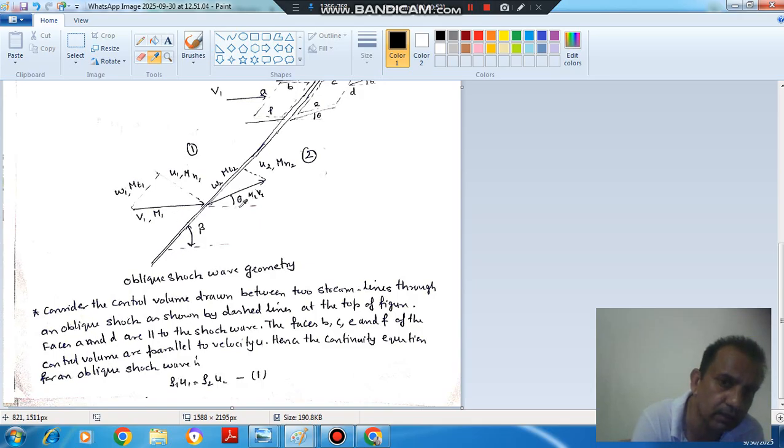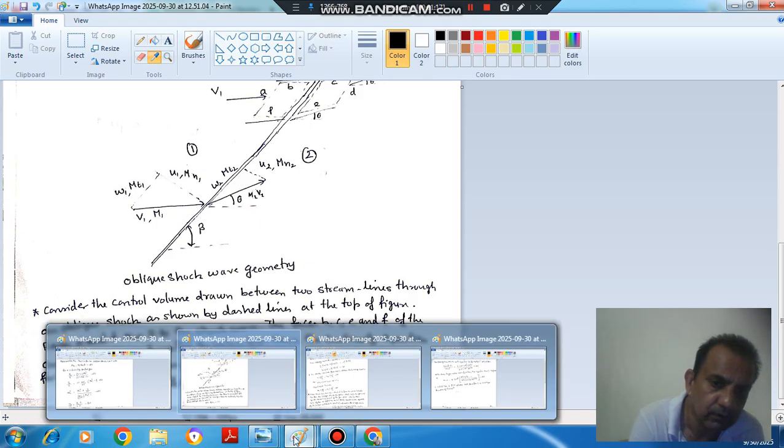M1 and M2 are the upstream and downstream Mach number. Mn1 and Mn2 are the normal components of the upstream and downstream Mach number, and Mt1 and Mt2 are the tangential components of the upstream and downstream Mach numbers.